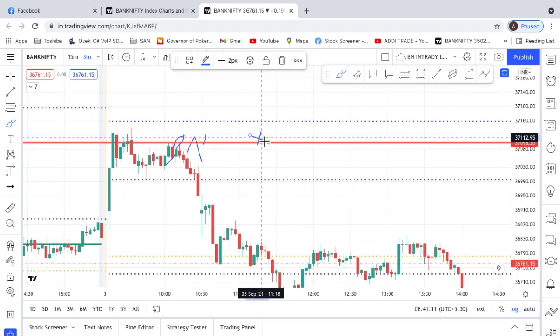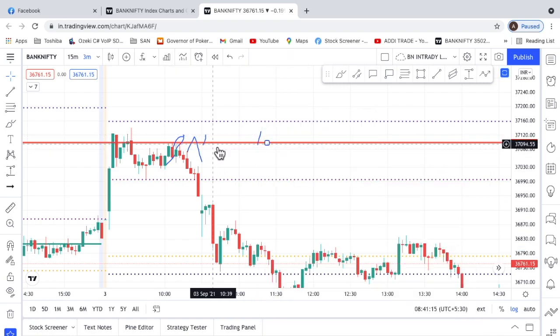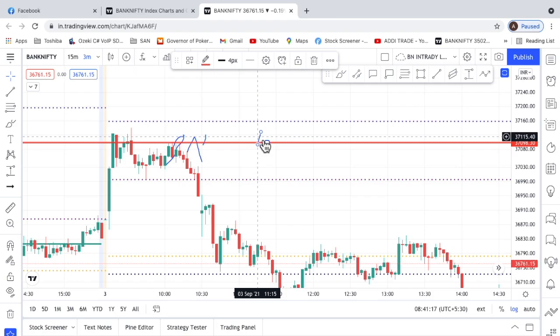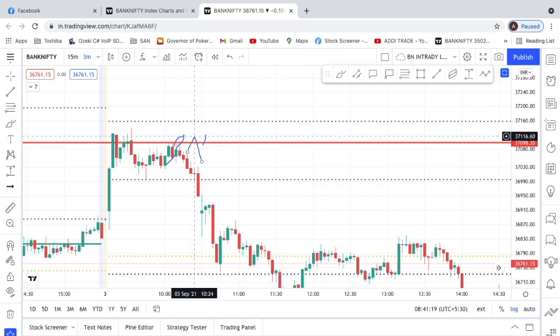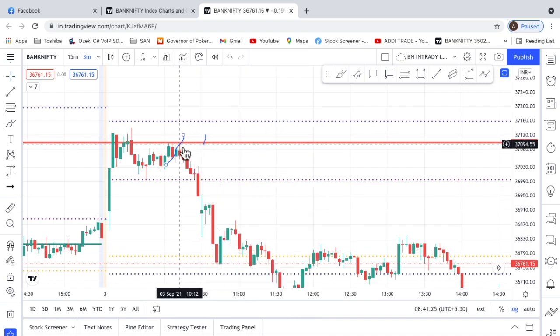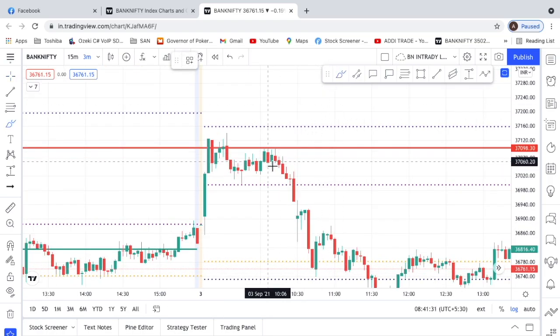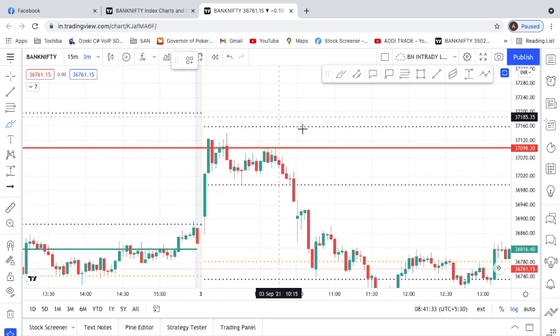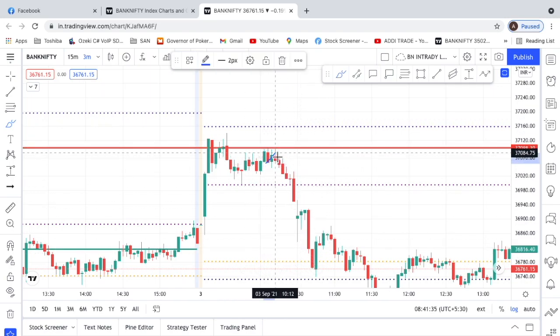Maybe your view was bearish. Say your view was bearish for the day and you placed your stop loss at this red line, and a candle went above this, and then again we started slipping.